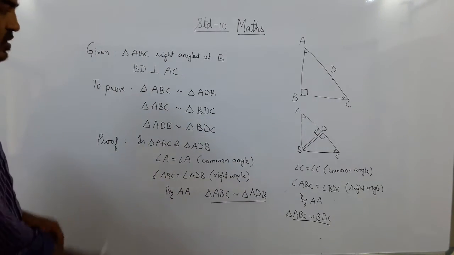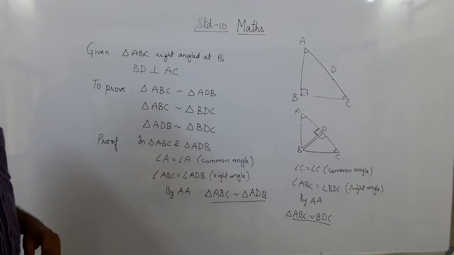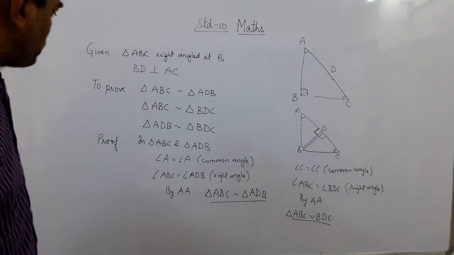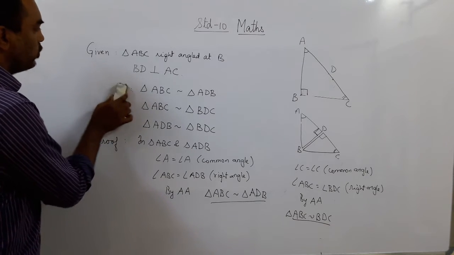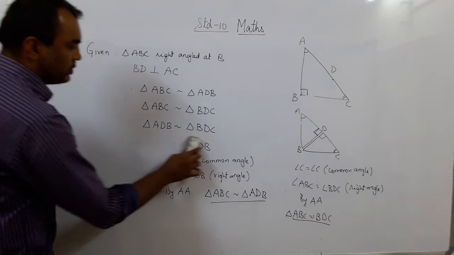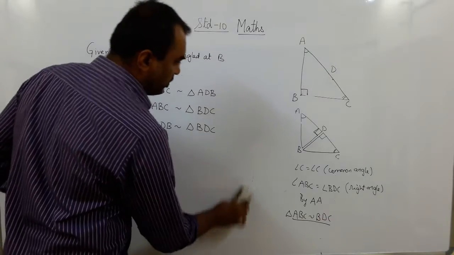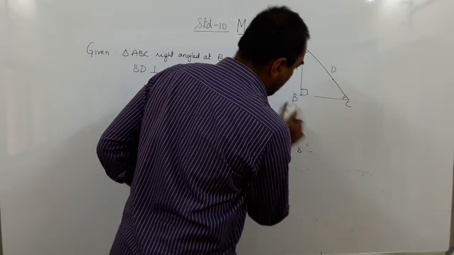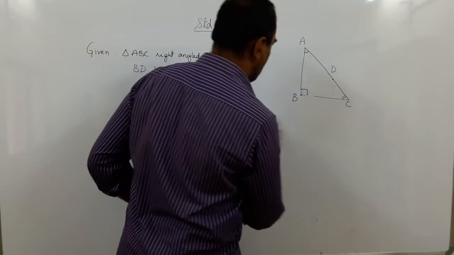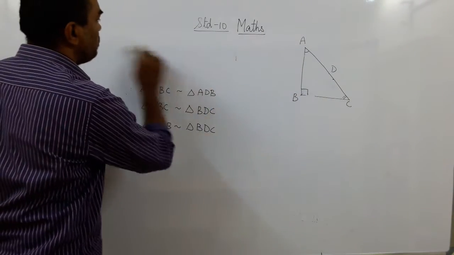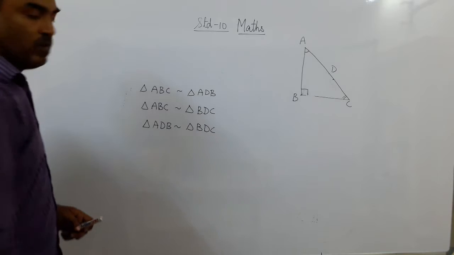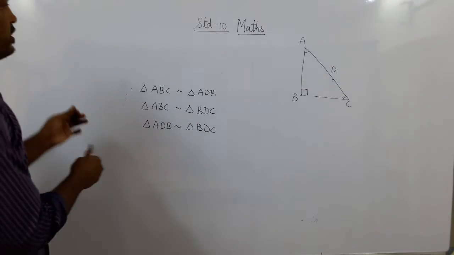And now from this, we'll move on to the Pythagoras theorem. Okay, so I will keep it now. This is not to be proved. Now the proof will change. I will just rub this off because what we had to prove, we have proved. And now from this, we'll prove the famous Pythagoras theorem.